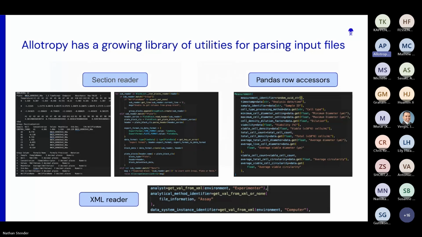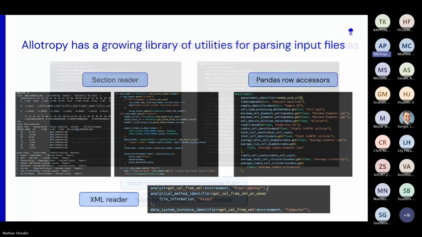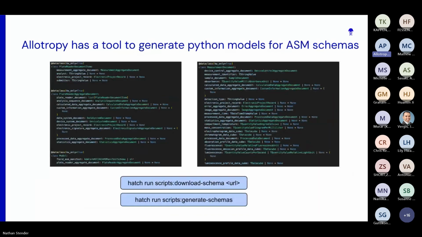Okay, then in order to actually do the ASM population, what our library does is we have a script that turns the ASM schema into a set of Python data classes. If anyone's familiar with Python data classes, you can specify them with required fields and optional fields, so these directly reflect what the ASM schema has.